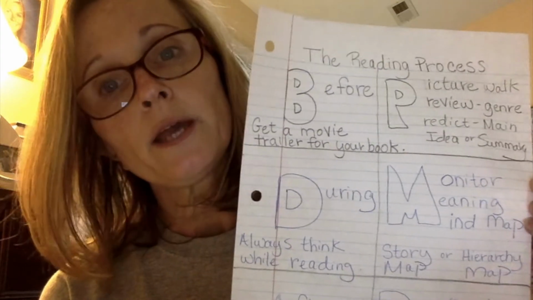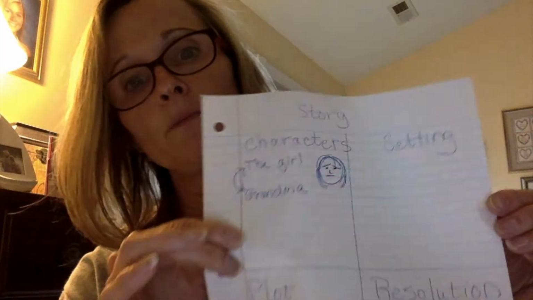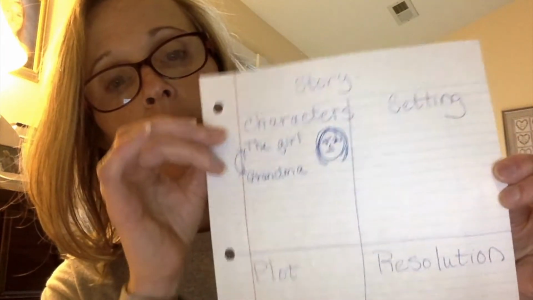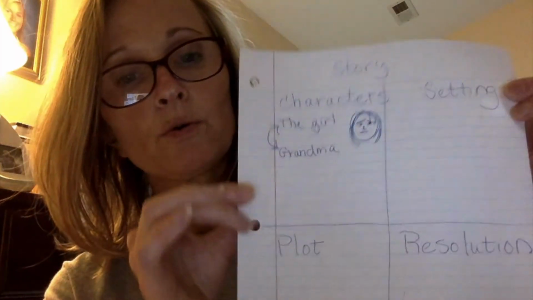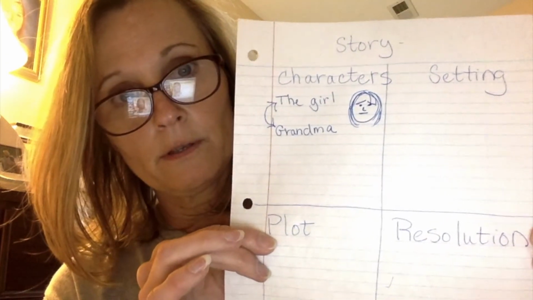And after we have previewed to determine the genre, then we know what kind of mind map we're going to use. If it's a story like this book is, Angel Child, Dragon Child, then I know that I'm going to use a story map. And I just teach children how to make 4 boxes, because we know that the genre of fiction is organized with characters, setting, plot, and resolution.